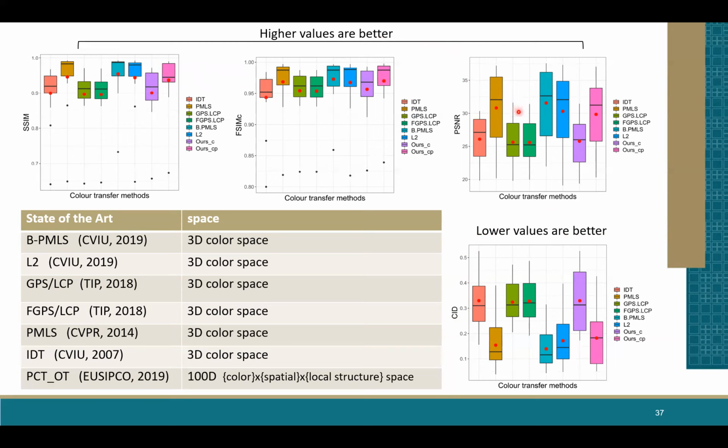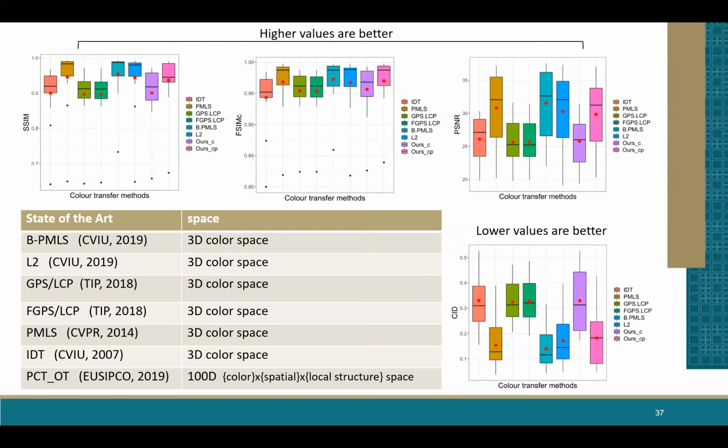Also, all the metrics in the box plot show a significant difference in performance between our approach that combines the color and the position, and the IDT approach, the optimal transport that solves the problem in color space only. You can see it in all results. Here, this is the IDT.